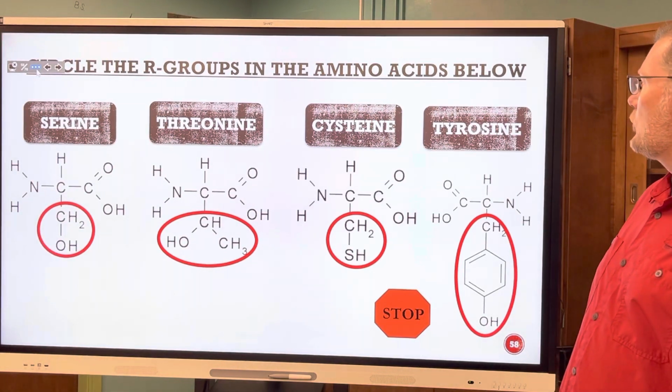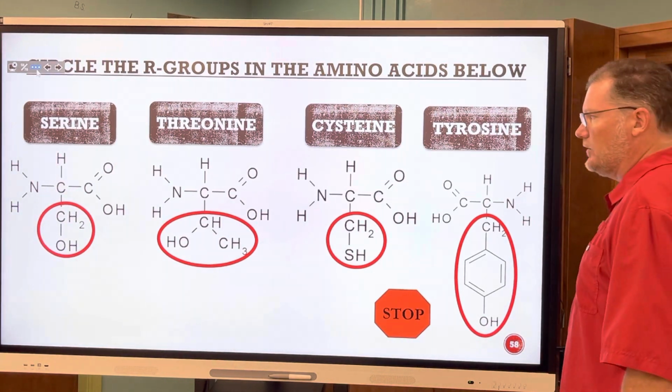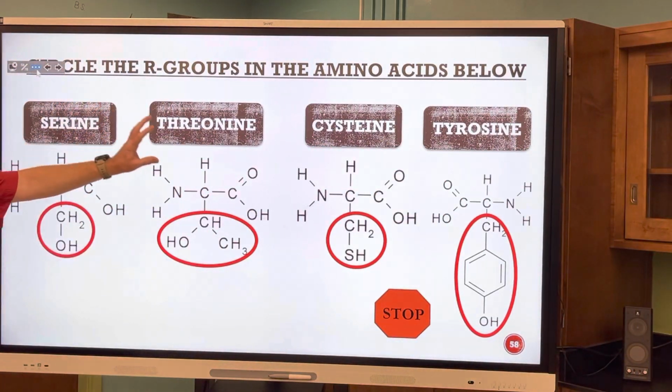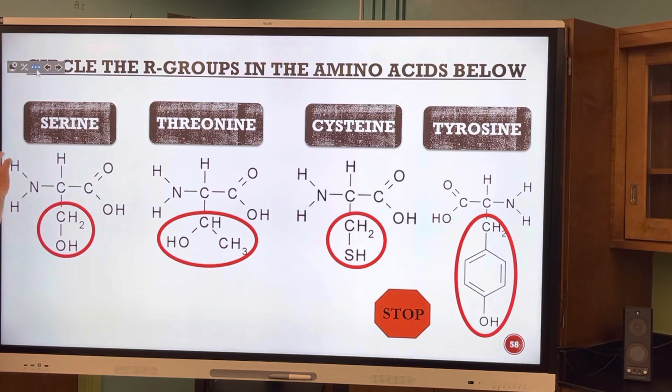So circle the R groups on the amino acids below, and this is our last slide, so I've already circled them for you. So these are just 4 examples. And remember, you've got your amine group, okay? You've got your carboxyl group, and this is your R group. The R group is like the thing that's changed.